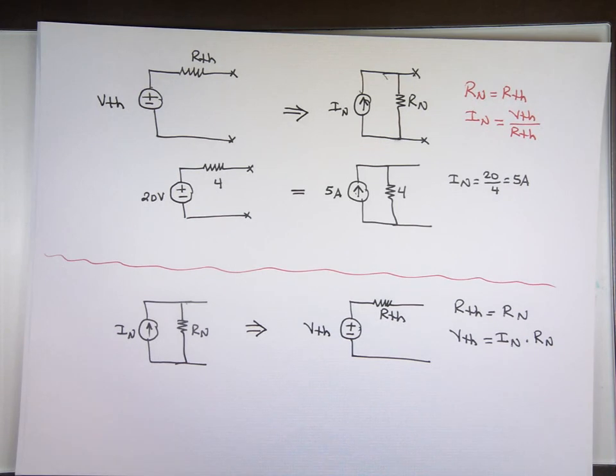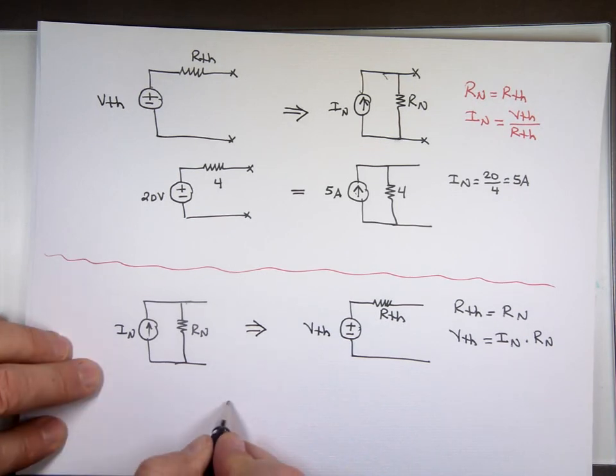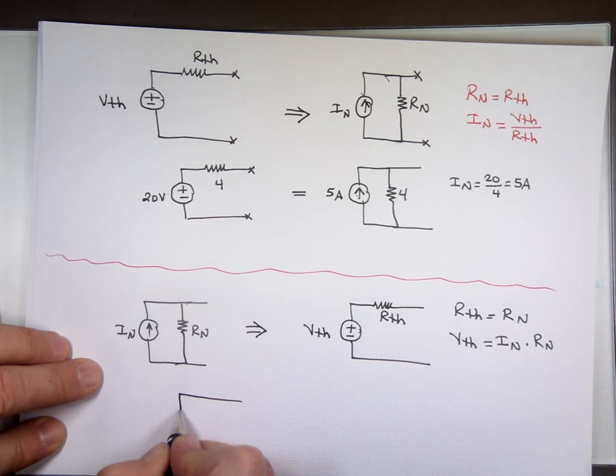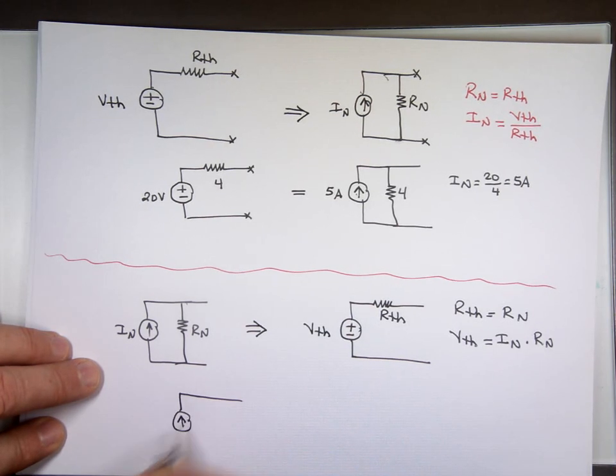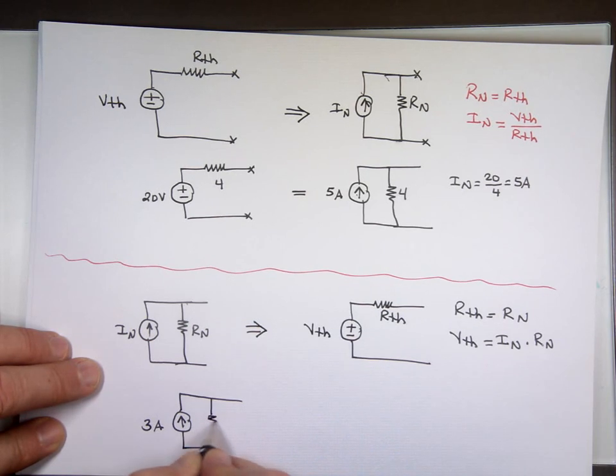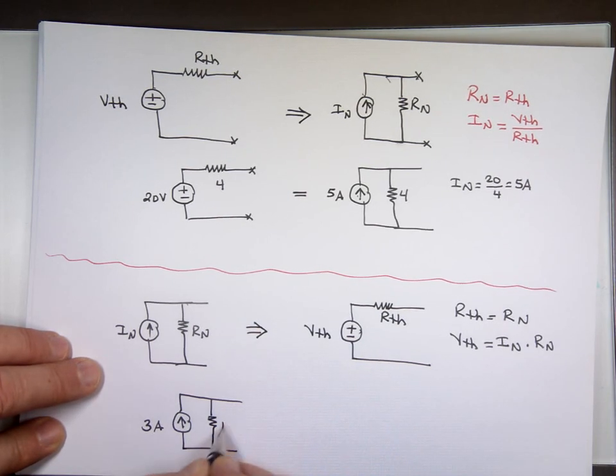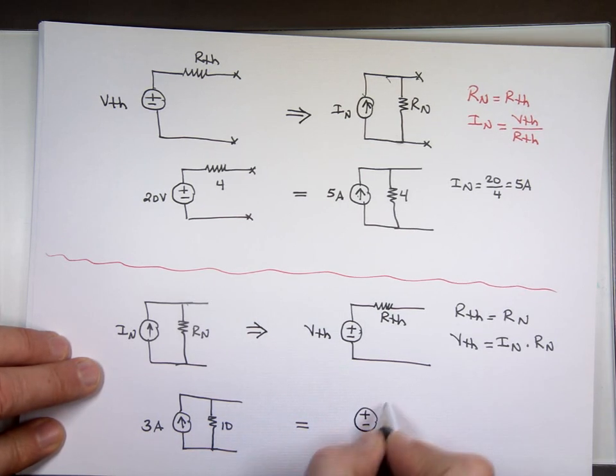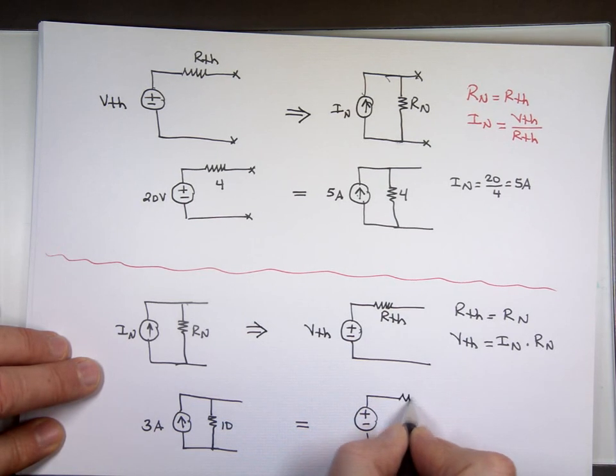So here's an example. A 3 amp source here in parallel with a 10 ohm resistor. I can change that to a voltage source in series with a resistor. The resistors don't change, that's still 10.